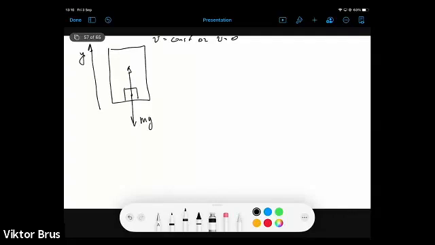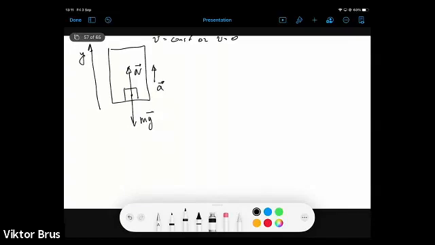Then we have the reaction of the surface, and they compensate each other. So now let us consider the case when we have some positive acceleration aligned along axis y. So it's a.